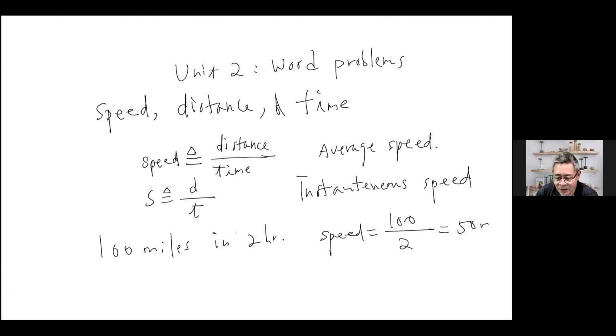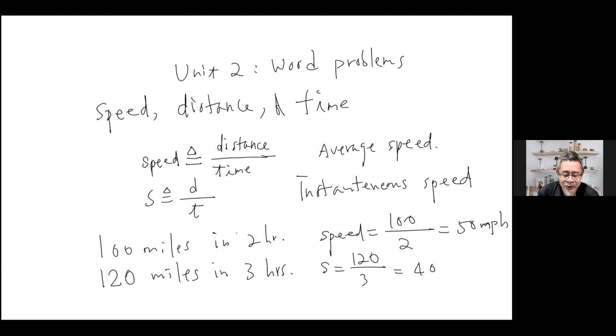That means each hour we can drive 50 miles, and we drove 2 hours, so we got 100 miles. And if we drove 120 miles in 3 hours, then our speed will be 120 divided by 3, which equals 40 miles per hour. So this is pretty straightforward.